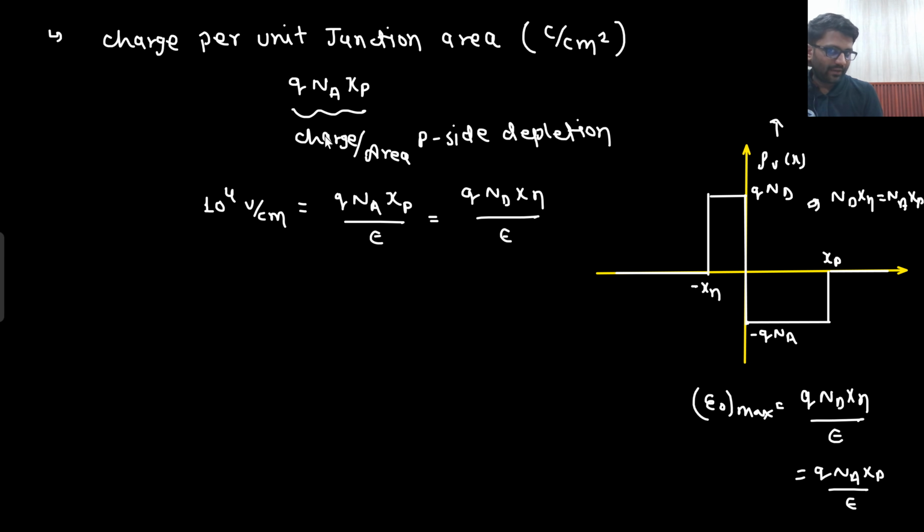So what I need to find out is the charge per unit area in the p side depletion region or in the n side depletion region. Isn't it representing charge per unit area only? This is your charge per unit volume. P side depletion width is this much, so multiply with xp. So charge per unit area I am getting, right? So what will be my answer? The answer would simply be 10 to the power 4 volt per centimeter multiplied with epsilon.